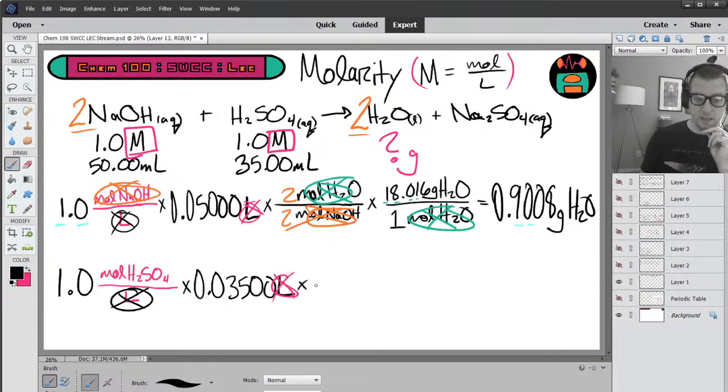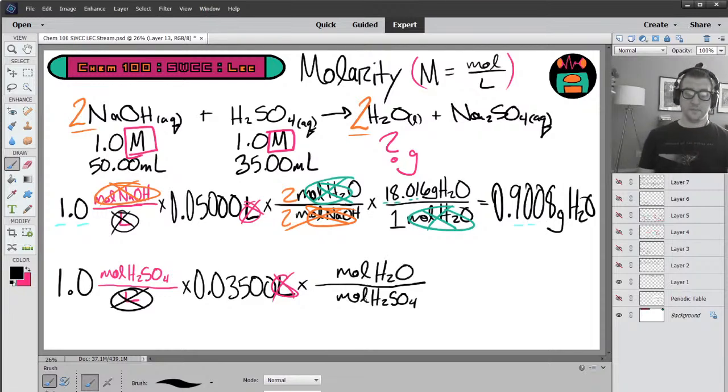Next, I want to convert moles of sulfuric acid to moles of water. And this ratio comes from the balanced chemical equation. It is a 1 to 2 molar ratio. So moles of sulfuric acid cancels.